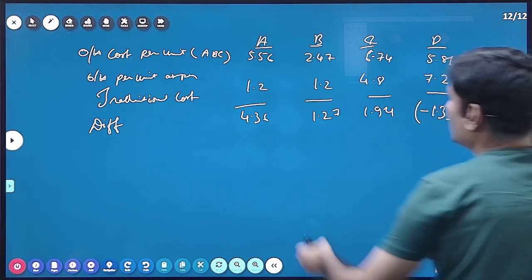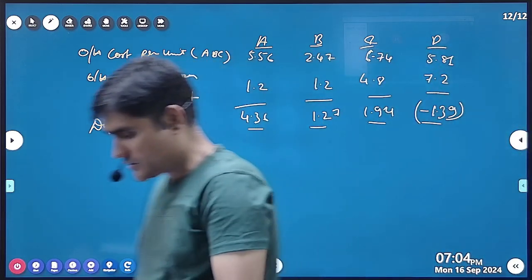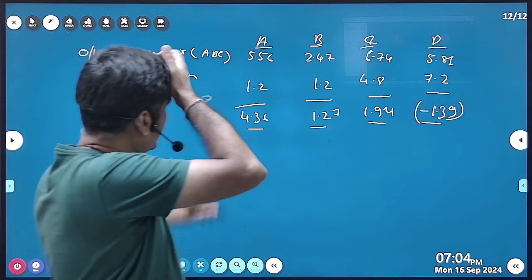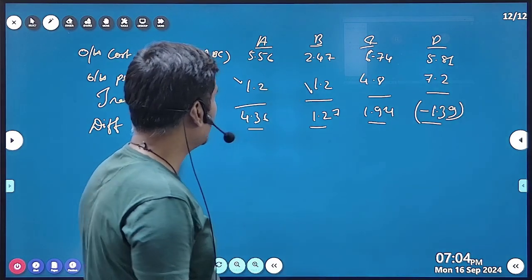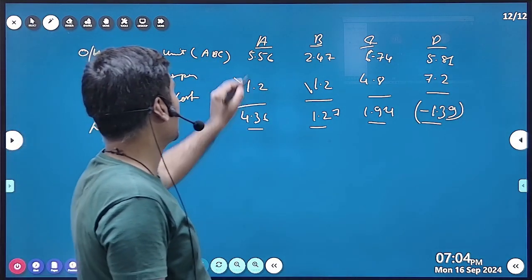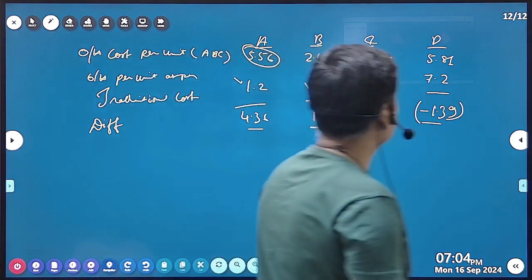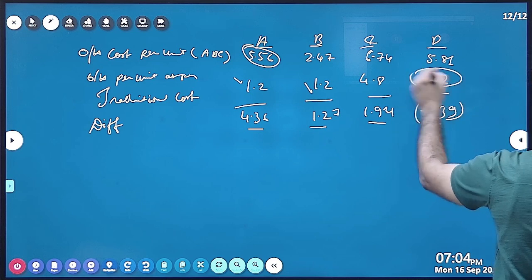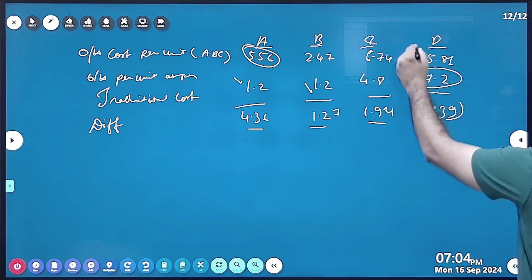So this is what the question is asking us to analyze. As per traditional costing, the overhead allocation for A and B were same, but as per ABC it has changed, and for D the overhead allocation was very high in traditional costing, but in ABC costing it has reduced.